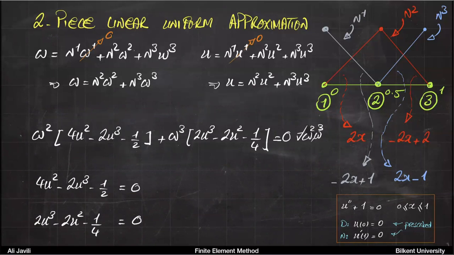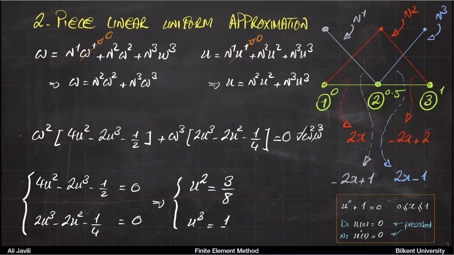Okay, so you have now these two equations, two unknowns, and from that you can calculate u2 and u3. So u2 would be 3/8, and u3 would be 1/2. Okay, and this is very important for me that you realize what this means for you.